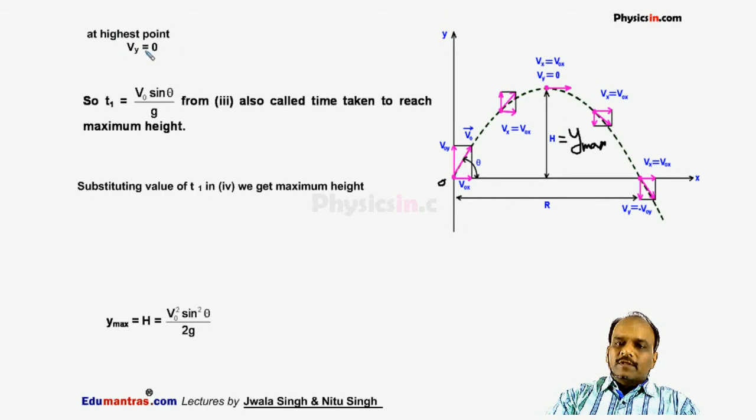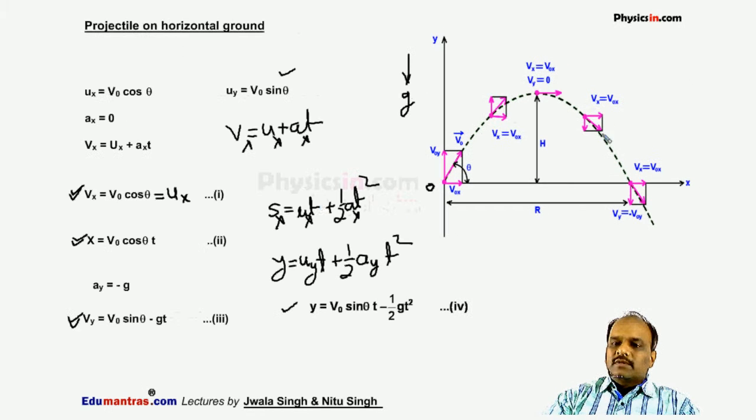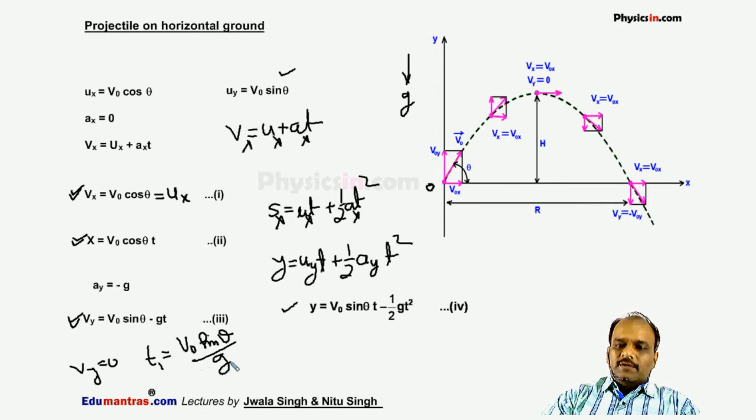So if I put vy is equal to 0 in this expression, we get t, that is t1 is v0 sin theta by g. This is the time taken by the particle to reach from the point of projection to the highest point. This time is also called time of ascent. This time is also called time taken to reach the maximum height.